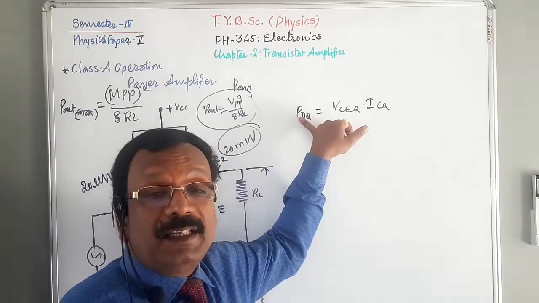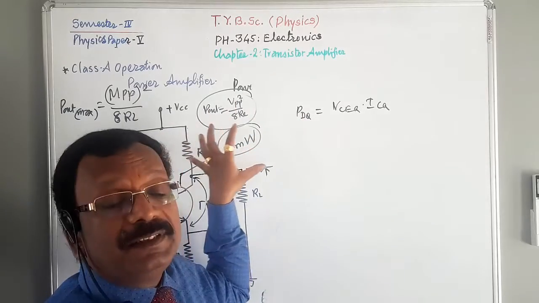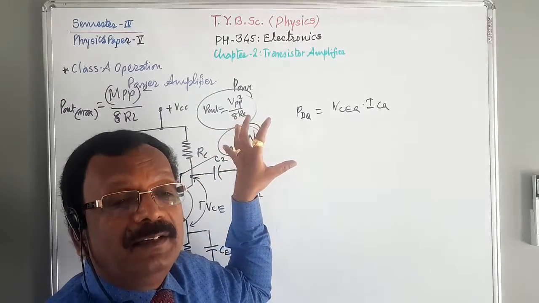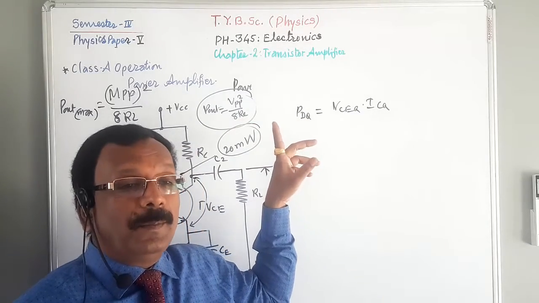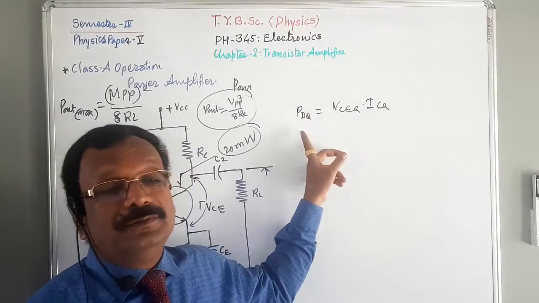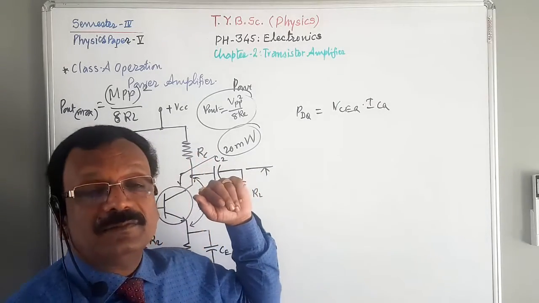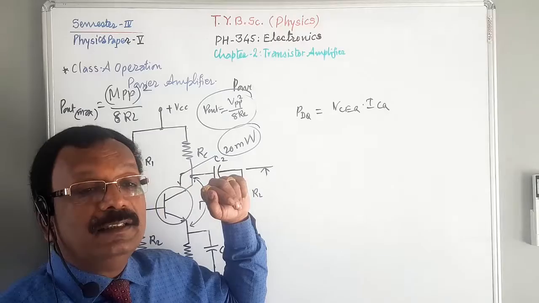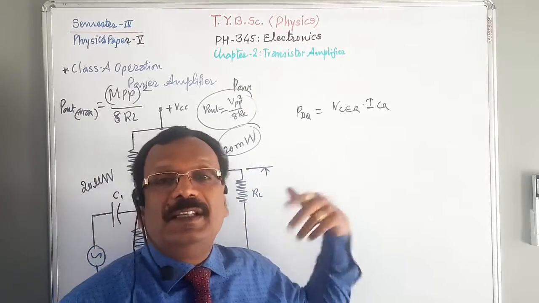Power rating of this amplifier must be greater than this PDQ. Otherwise, if the power rating is less than this PDQ, then the transistor is destroyed easily.